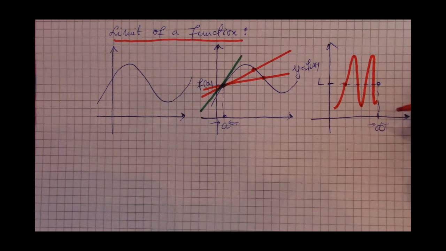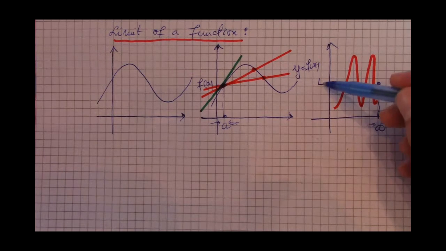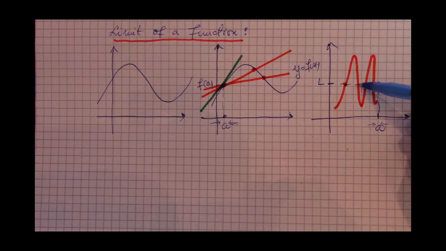Remember that this discussion is about the graph of a function trying to approach this point. When I look at this graph, I see that we try to approach this horizontal line, so our function eventually gets to be equal to L again and again. That's actually encouraging.